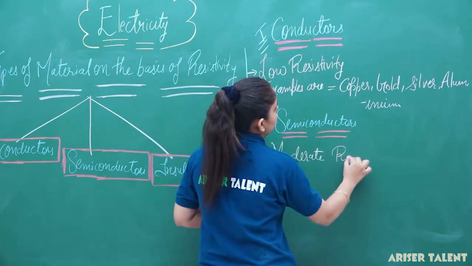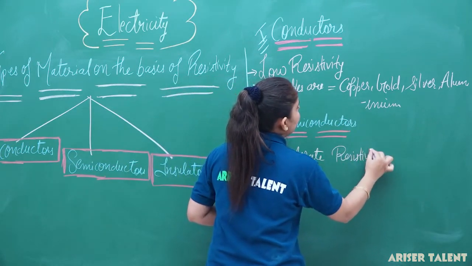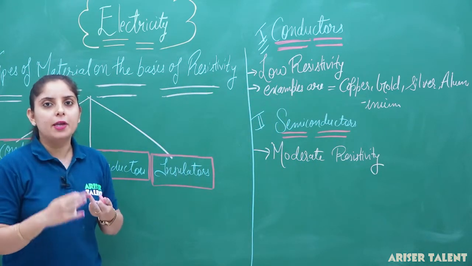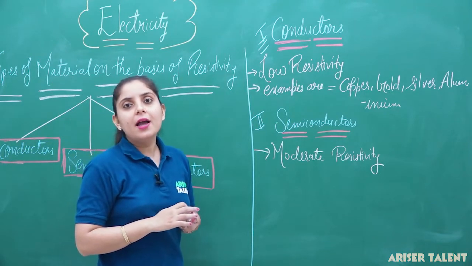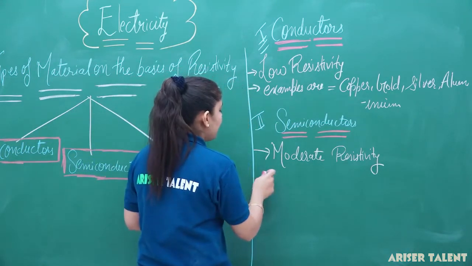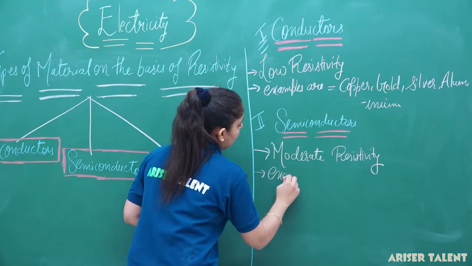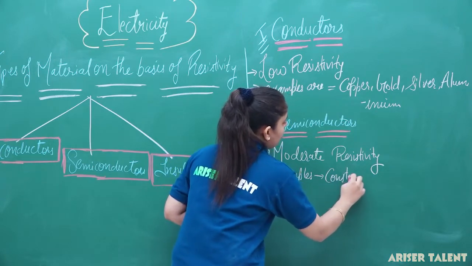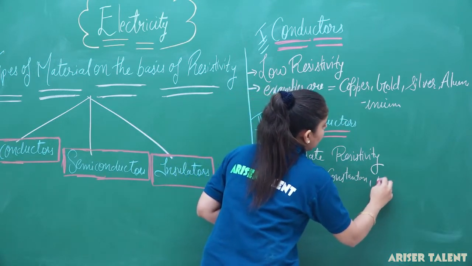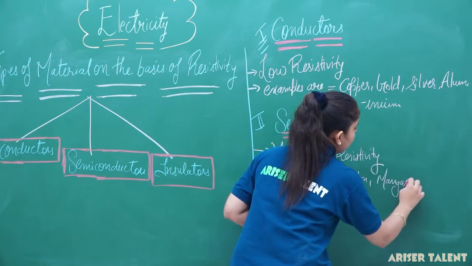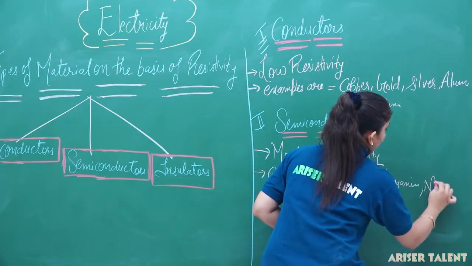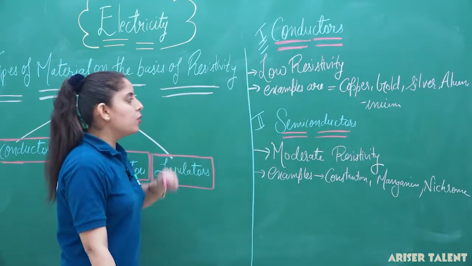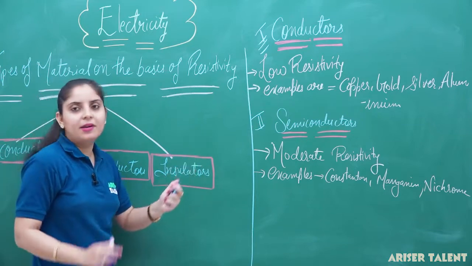The few examples are nichrome, carbon, constantan and manganin. So, these are a few of the examples belonging to the semiconductor category, which has a moderate resistivity.